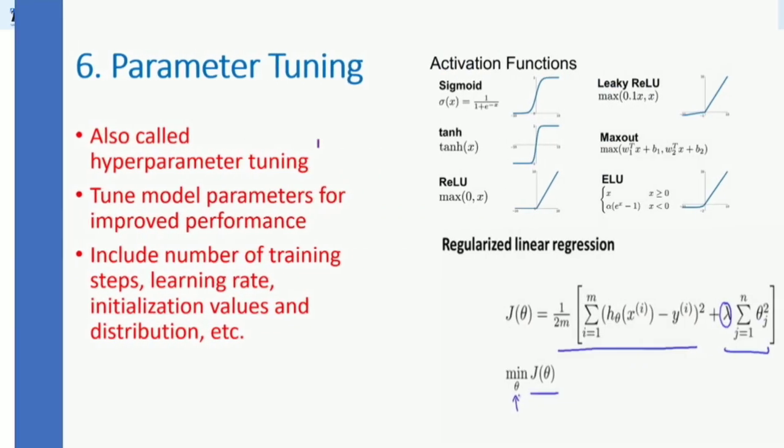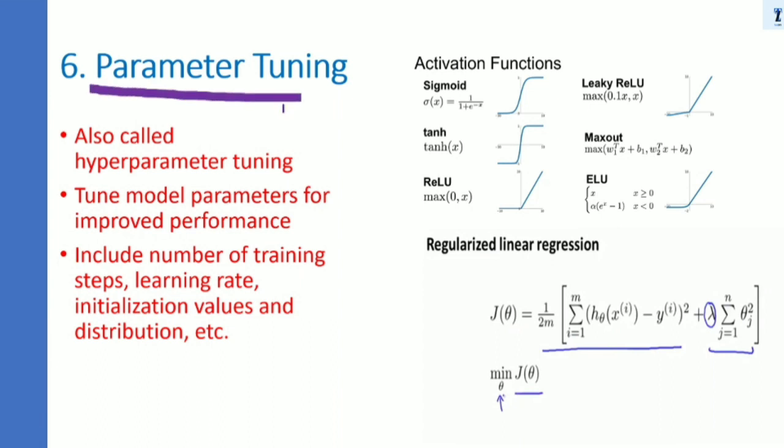Okay. So the next step is parameter tuning. It is also known as hyperparameter tuning. So the training and evaluation part of our model is over. Now our model is able to give the output. That is, it is able to predict the cost or price of our house with an accuracy of 60 to 70%. Okay. But this 60 to 70% accuracy is not enough in real world problems. Okay.